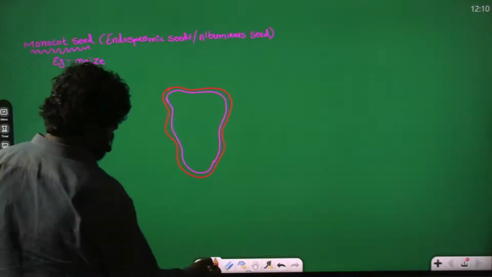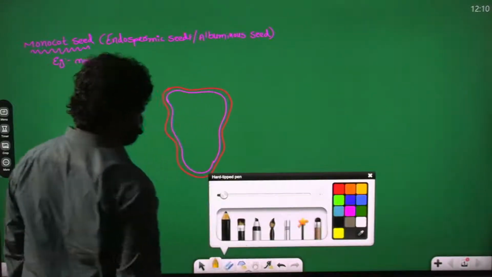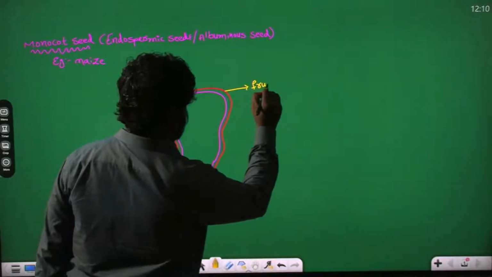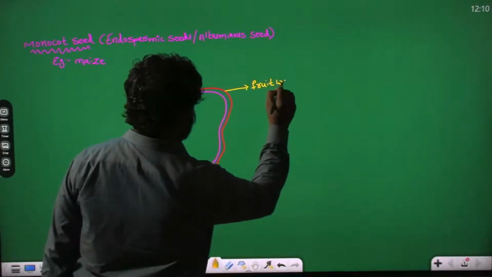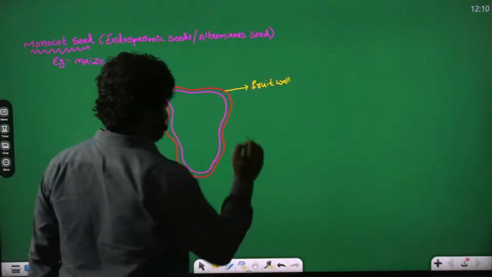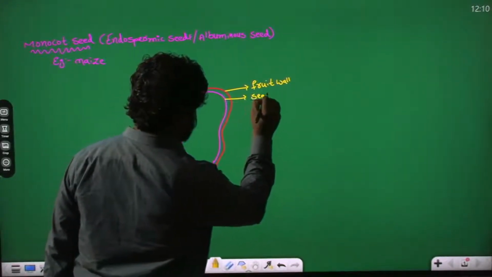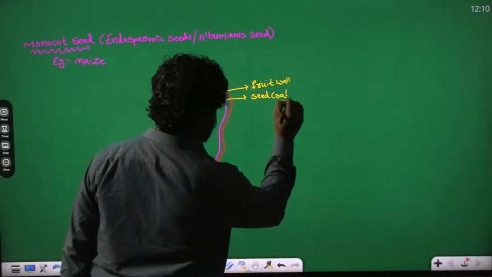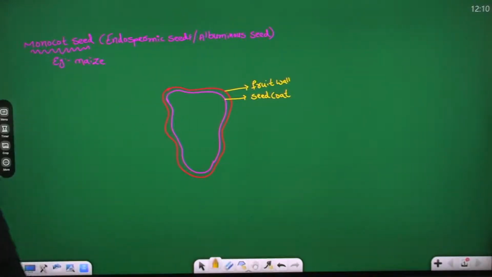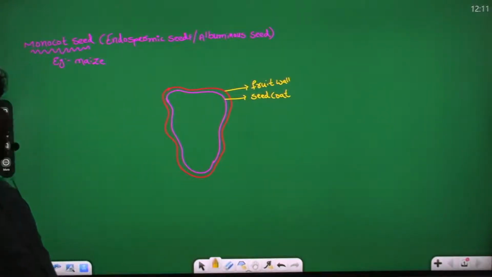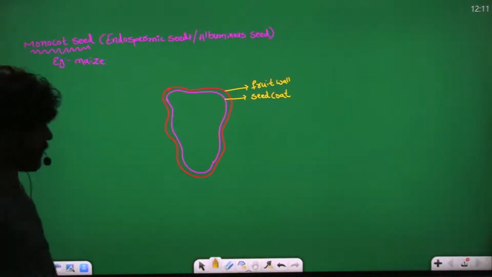In the structure of the monocot seed, this outer layer is the fruit wall, and below the fruit wall is the seed coat. Just imagine, this is the monocot seed, the outer layer is the fruit wall, and below it the seed coat is present.